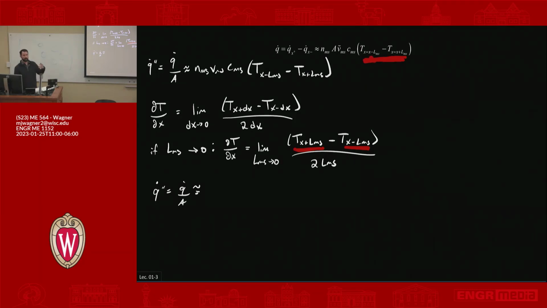So just by introducing the definition of the derivative, the negative sign appears. So now we write this as approximately equal to minus L_ms times n_ms times v_ms times c_ms times dT/dx.